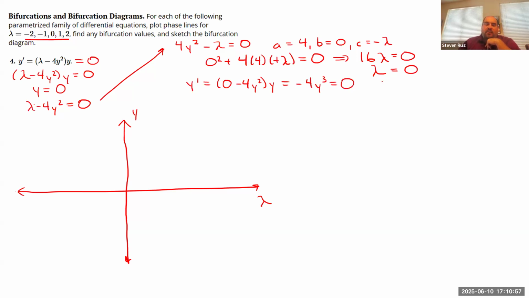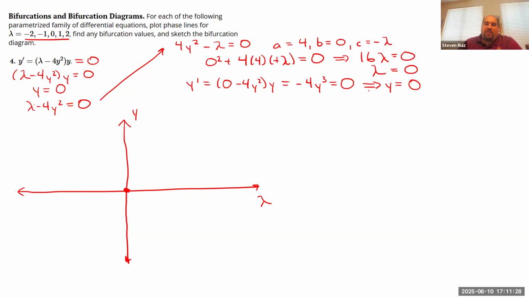And if that's equal to 0, then the only root we're going to possibly have is y equals 0. So on my phase line, which coincides with the vertical axis, I have an equilibrium at the origin. We also knew that y equals 0 was going to be an equilibrium. So we only have that one equilibrium point.